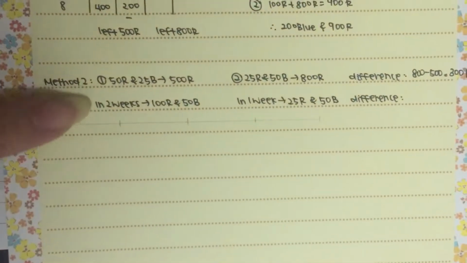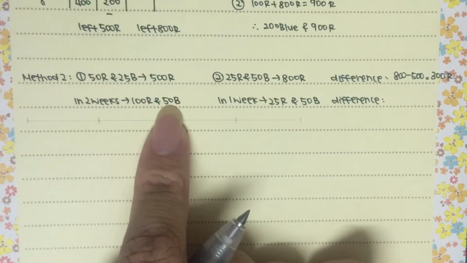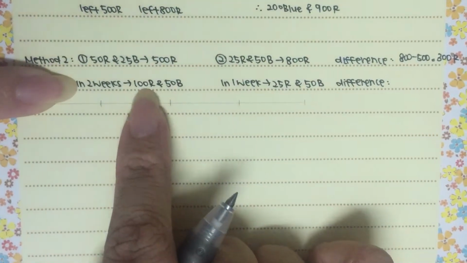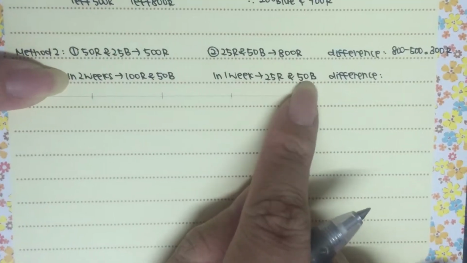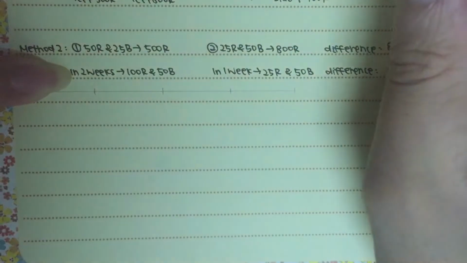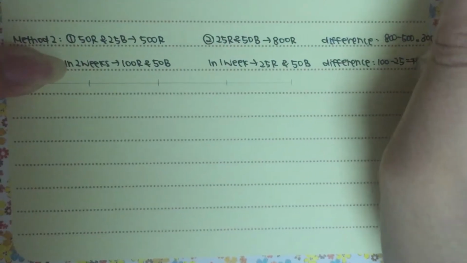Then we consider such that the number of blue marbles will be the same because these are sold out. In 2 weeks, we'll sell 100 red and 50 blue. In 1 week, we'll sell 25 red and 50 blue. So the difference between the number of red marbles sold will be 100 minus 25, which should give us 75 red.